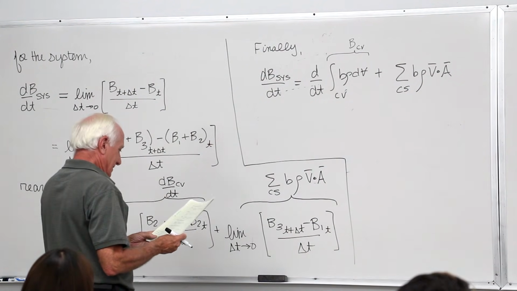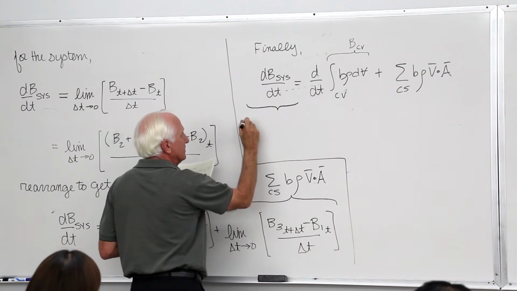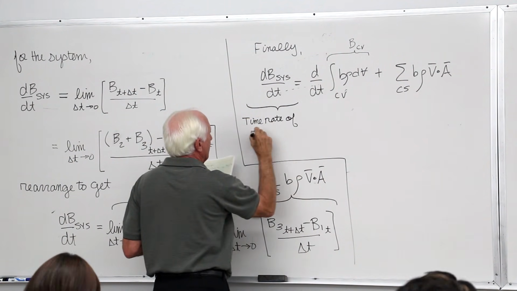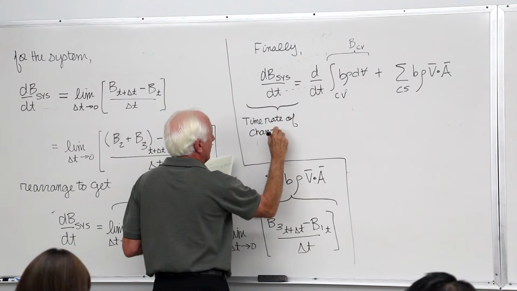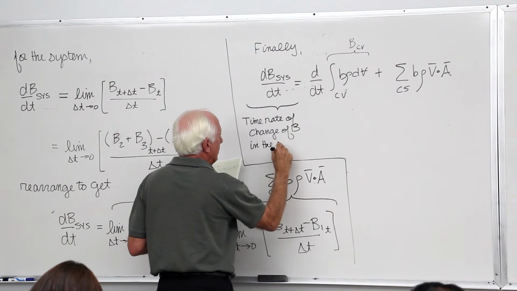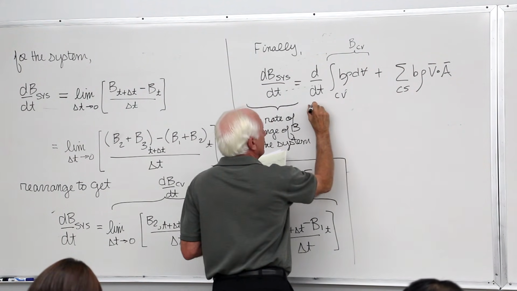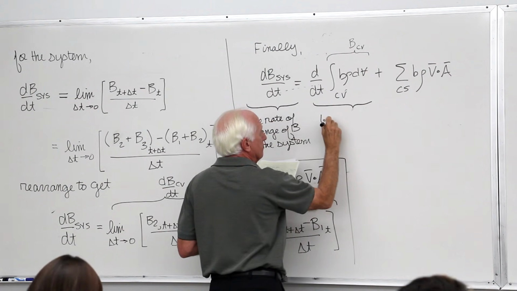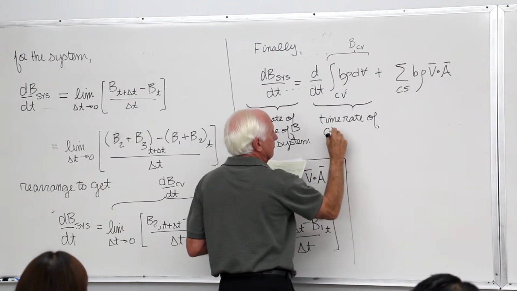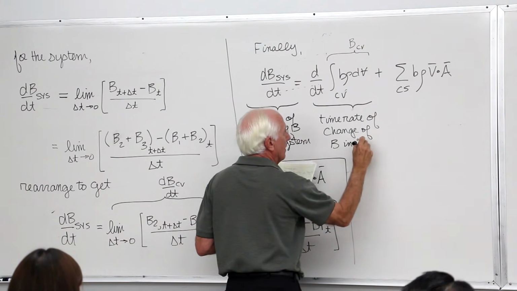Okay, we're almost there. This one, time rate of change of B in the system. This one, time rate of change of B in the control volume.